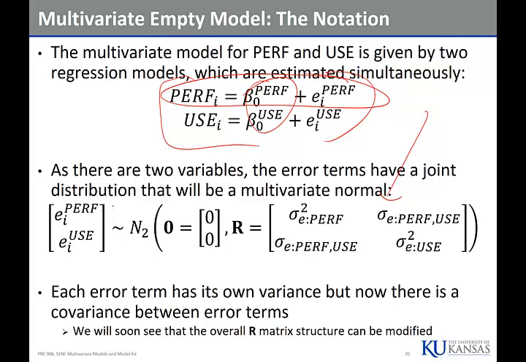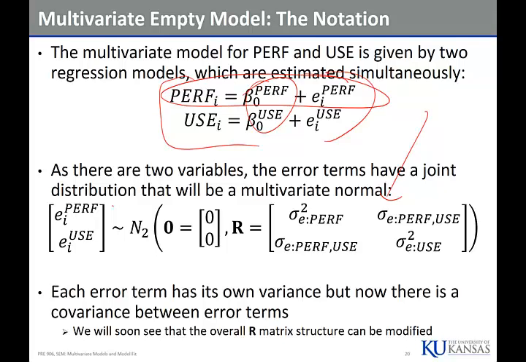At the end of last week's lecture, we talked about the multivariate normal, which was a generalization of the univariate normal. So now we have these two error terms. They're bivariate normal, multivariate normal. The mean vector for these is the zero vector. We talked about it last week.